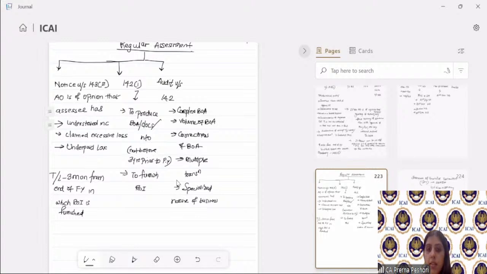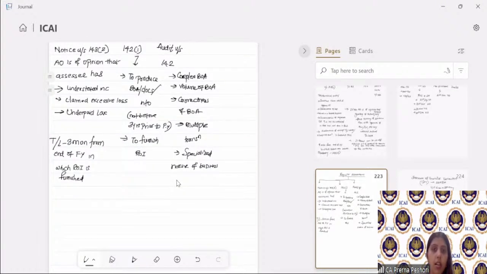In that case, with the approval of the PCCIT or CCIT or PCIT or CIT, he can direct the assessee to get his accounts audited and furnish the report.